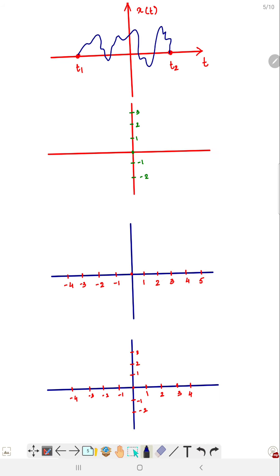Graphically it means I have a time axis right here, t. I am taking an interval on this time axis between two points t1 and t2. And between these two points, the signal is defined at all the points. As you can see, I have an arbitrary waveform, but it is defined at all the points that lie in this interval, whose boundaries lie between t1 and t2. So this is a continuous time signal.